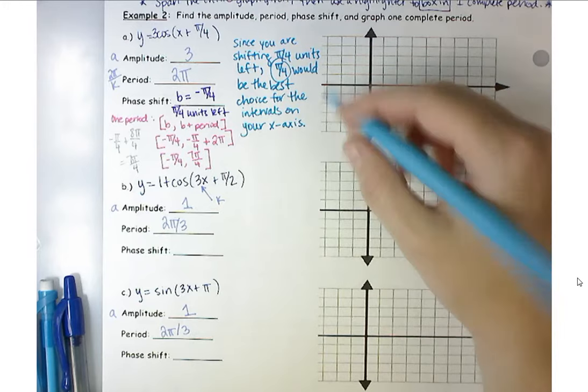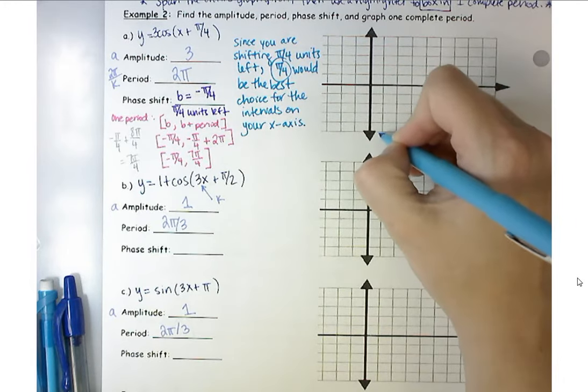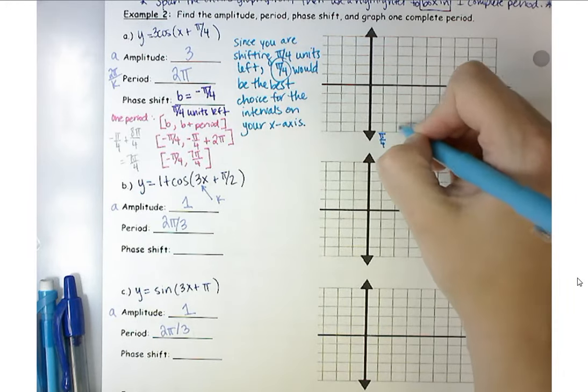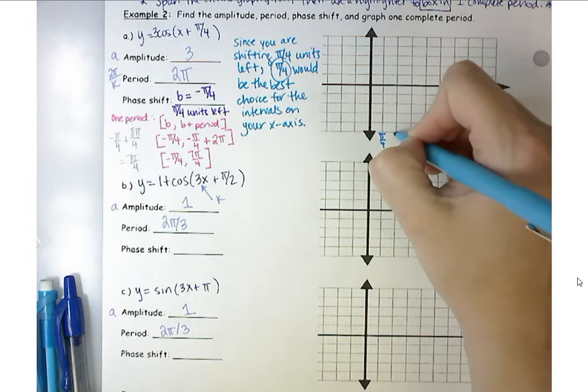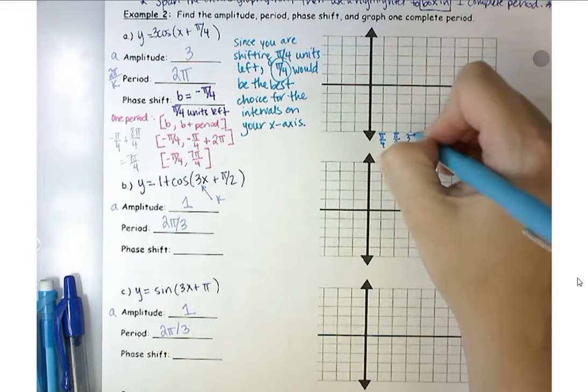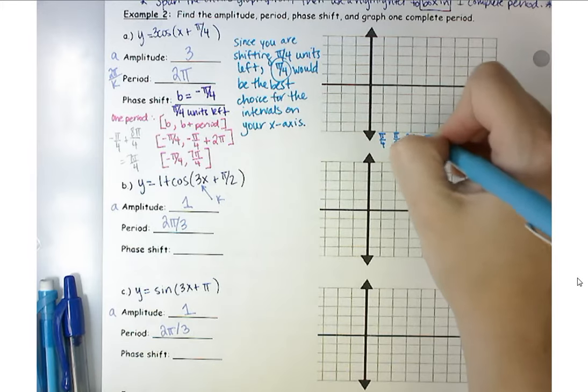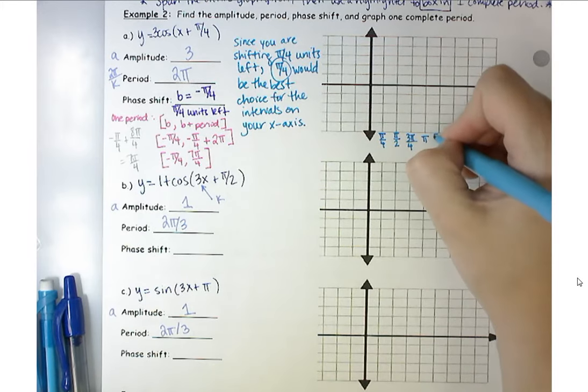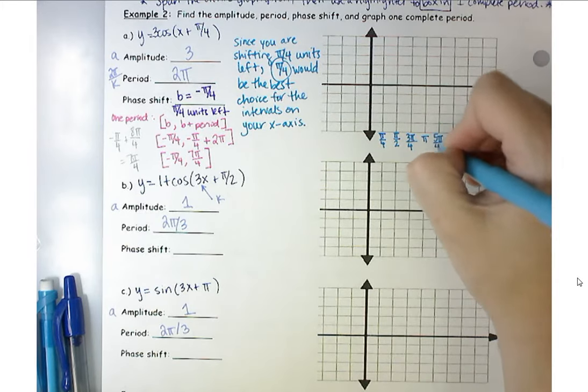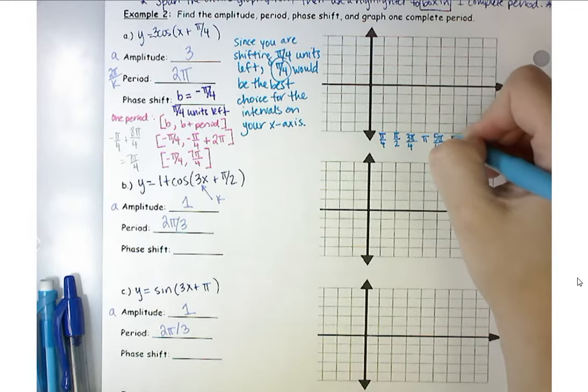Okay, so if it's pi over 4, I'm going to start here. This is 1 pi over 4, which means my next one is 2 pi over 4, which reduces to pi over 2, 3 pi over 4, 4 pi over 4, which is pi, 5 pi over 4, 6 pi over 4. 6 over 4 reduces to 3 over 2, so that's really 3 pi over 2.